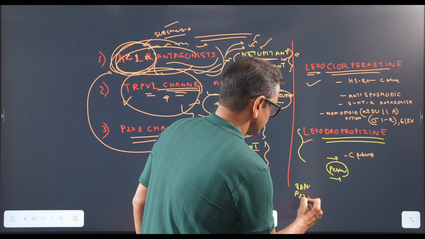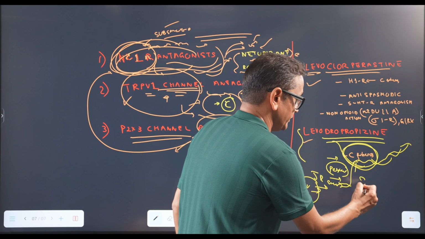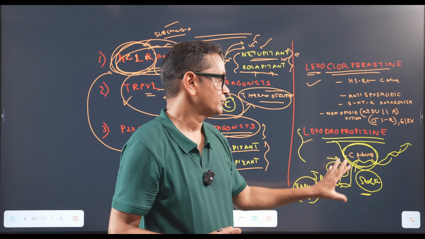These are at J receptors. Substance P goes through C fibers towards our central structures. So levodropropizine acts at the C fiber, this means unmyelinated fibers, and it numbs the propagation of nerve impulse because of substance P. So if you are seeing prescription of levodropropizine, it is meant for peripheral antitussive action, meaning there is no risk of sedation. Because it is acting peripherally, there is no risk of sedation. That's why in India we are seeing the prescription of levodropropizine.